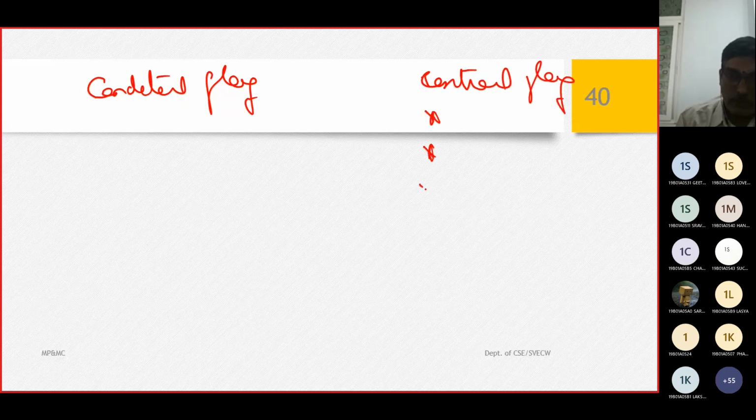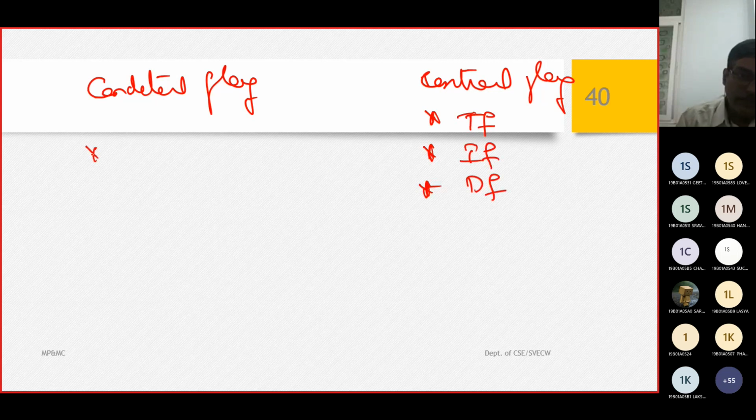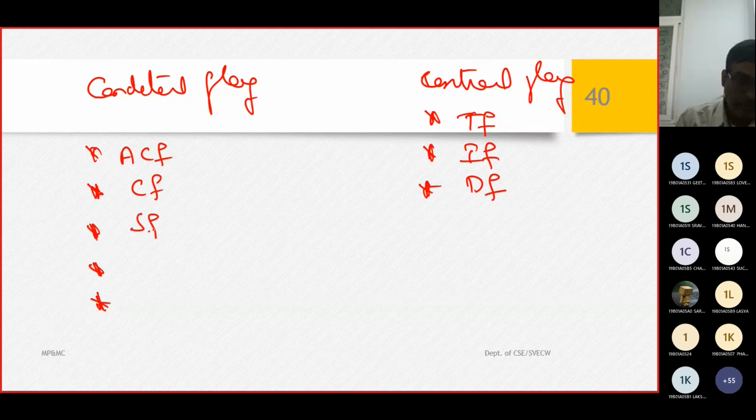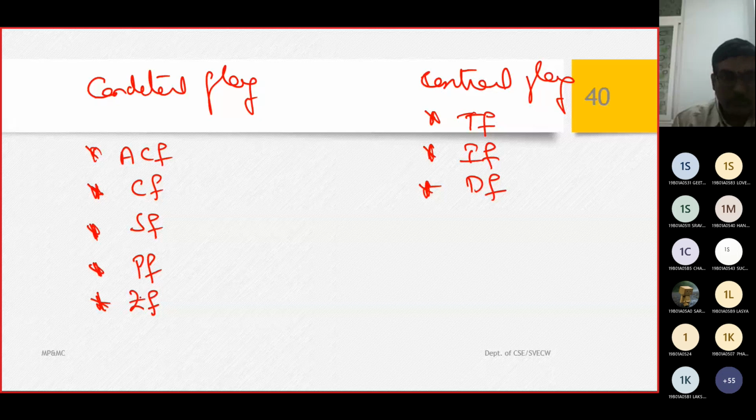In control flags, we specified trap flag, interrupt flag, direction flag. In conditional flags, we discussed auxiliary carry flag, sign flag, parity flag, zero flag. So anything we missed? Auxiliary carry flag, sign flag, parity flag and zero flag.